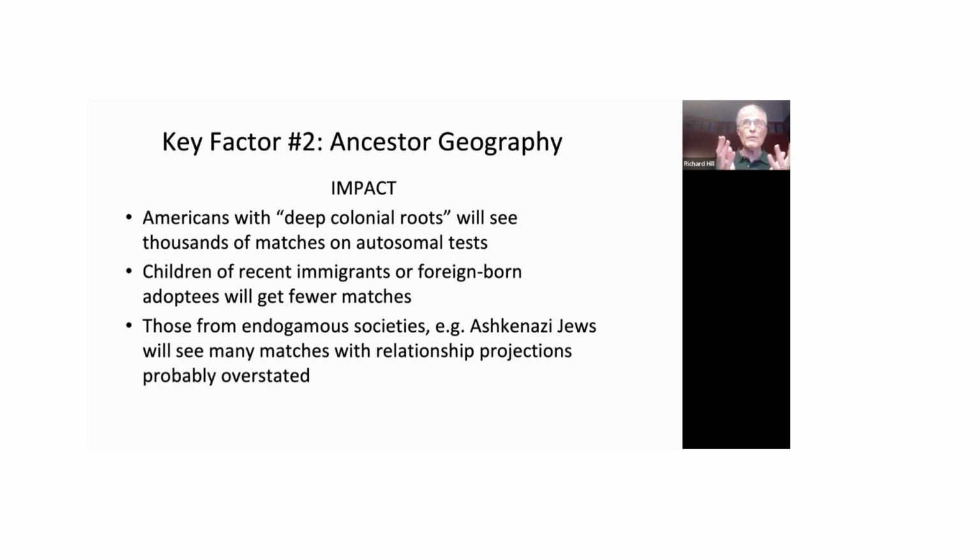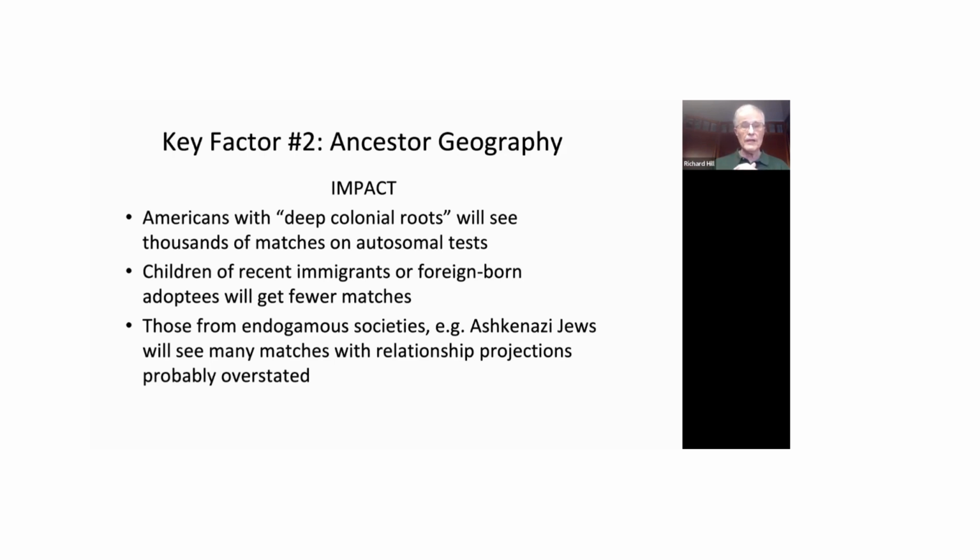Now, both groups probably have roughly the same number of cousins living somewhere in the world, but for those Americans whose many branches of your family tree have been in the country since the 1600s or the 1700s, you're going to have a lot more cousins in the United States and be more likely to have taken one of these tests. Another factor is people from endogamous societies.